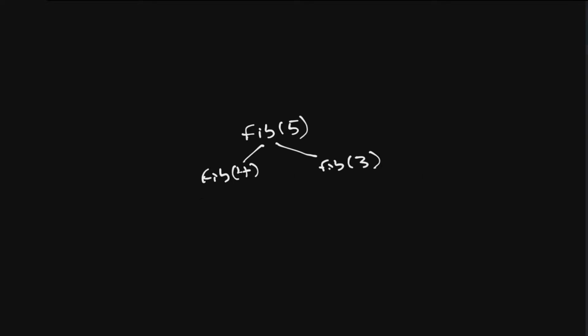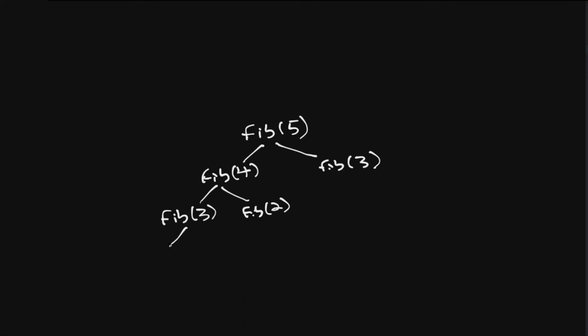And we want to calculate the fourth, so we need to calculate the third, n minus 1, and then n minus 2. Now 2 is one of our base cases, so our recursion ends there.